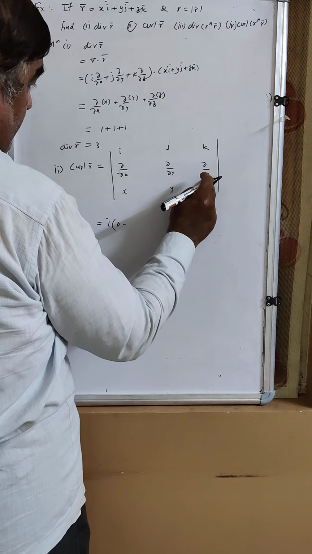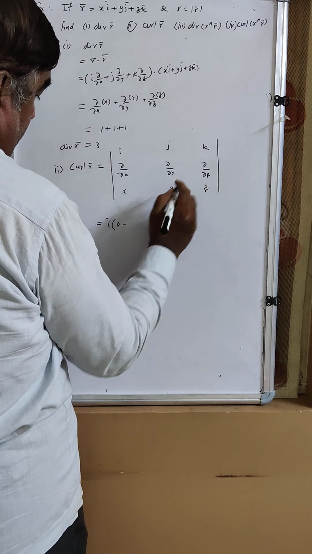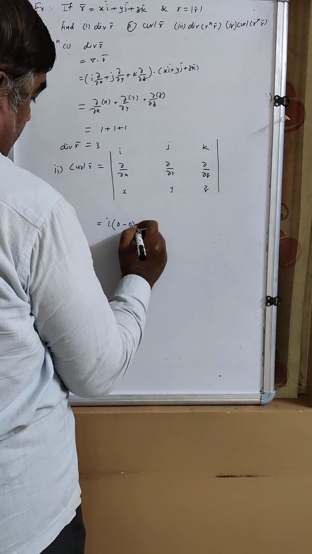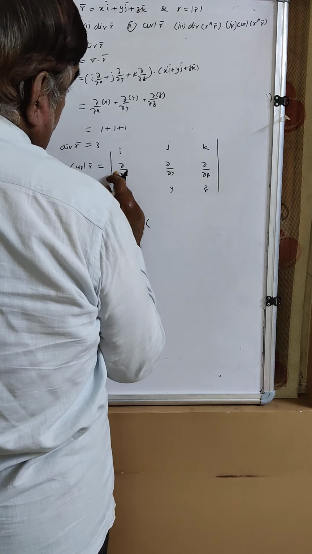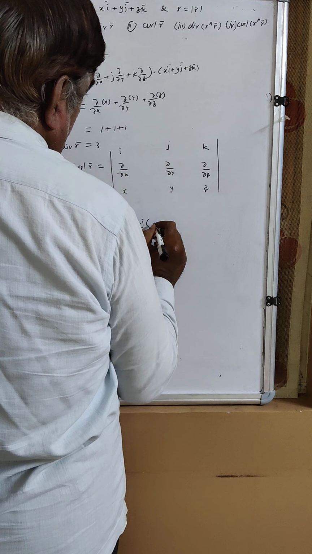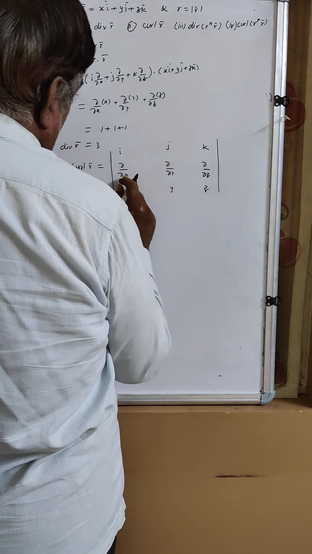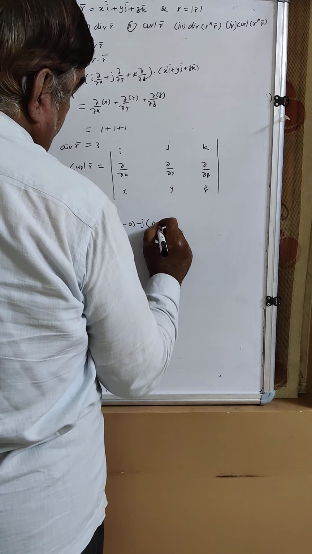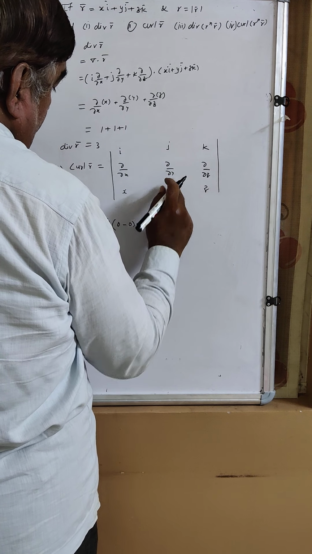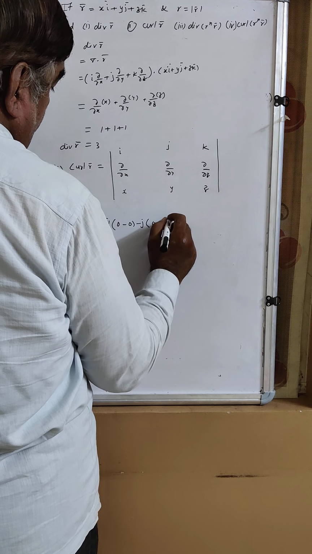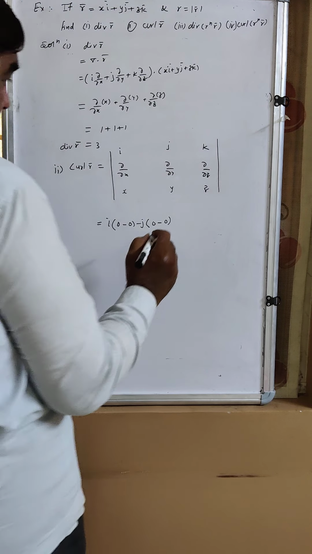Derivative of y with respect to z, y is constant with respect to z, derivative is 0, minus j vector. Derivative of z with respect to x is 0 because z is constant with respect to x, minus derivative of x with respect to y is 0 because x is constant with respect to y.